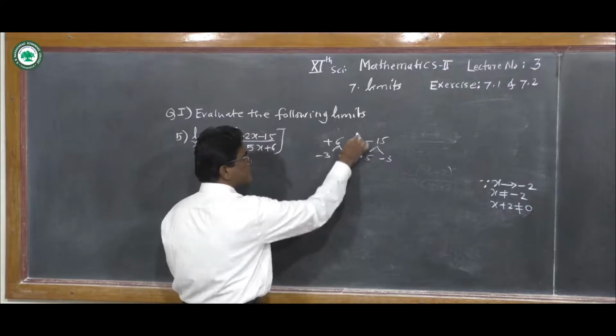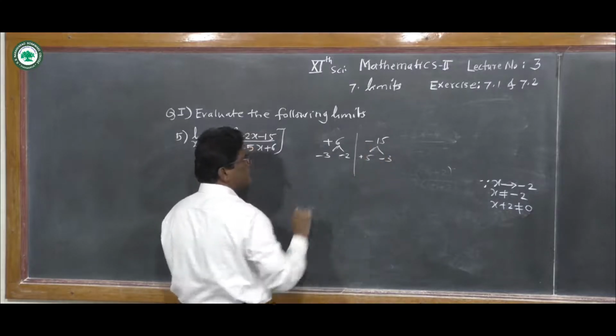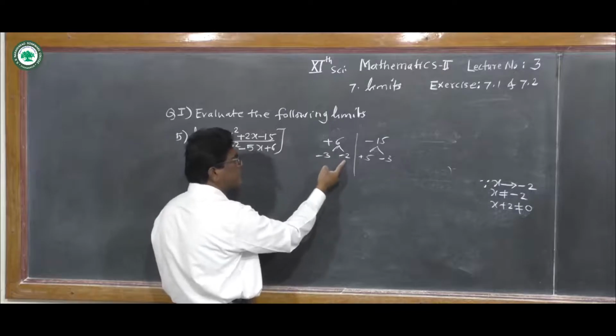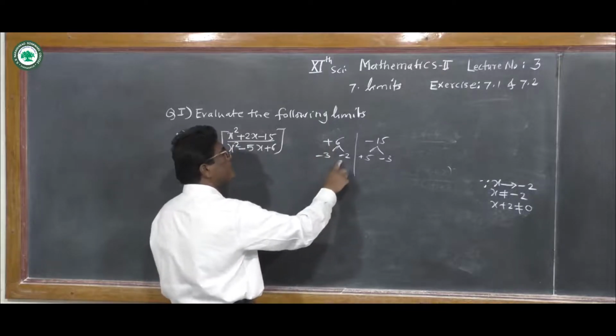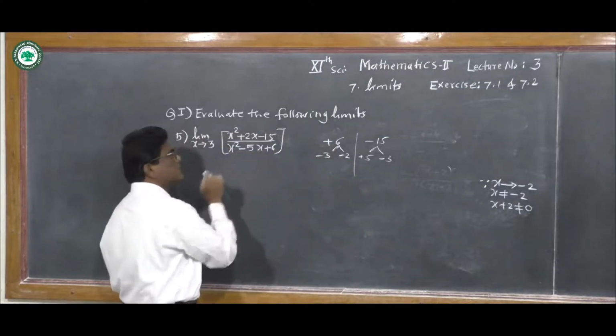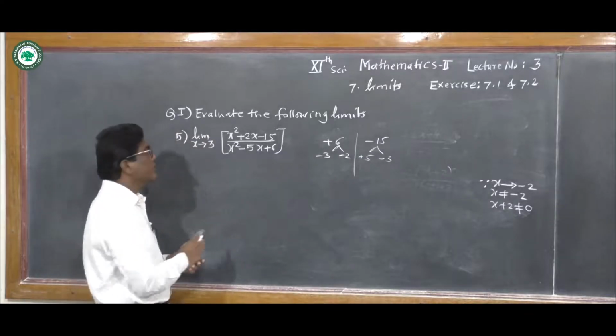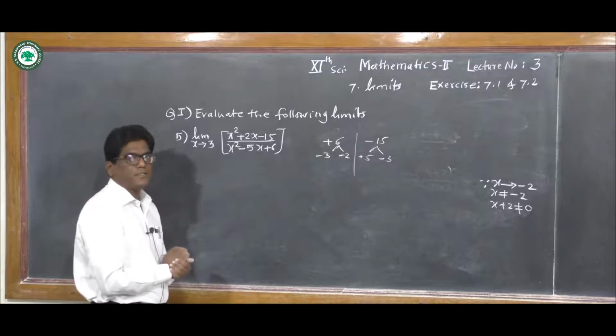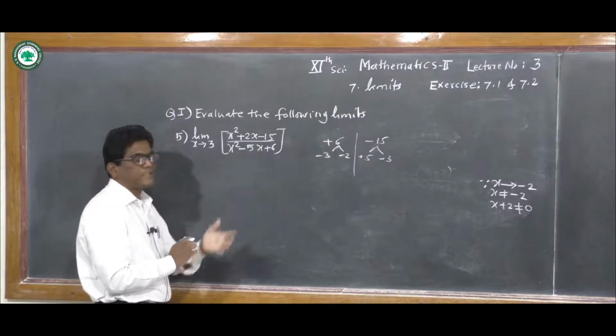this minus. See here, 5 into minus 3 is minus 15, and 5 minus 3 is plus 2. Here minus 3 into minus 2 is plus 6, and minus 3 plus minus 2 is equal to minus 5. And here the coefficient of x square is 1 in the numerator and also in the denominator, that means we write the factors directly.